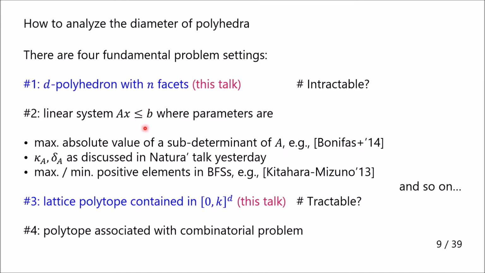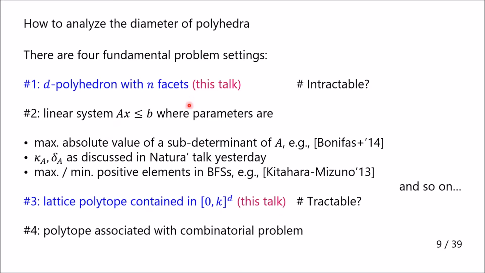Another well-studied setting is to look at linear systems where we can use information from the constraint matrix A. There are many parameters. And the third one is to look at the lattice polytopes contained in this d-dimensional cube, which naturally arises from integer programming. And today I'd like to show some recent results in these 2 problem settings.